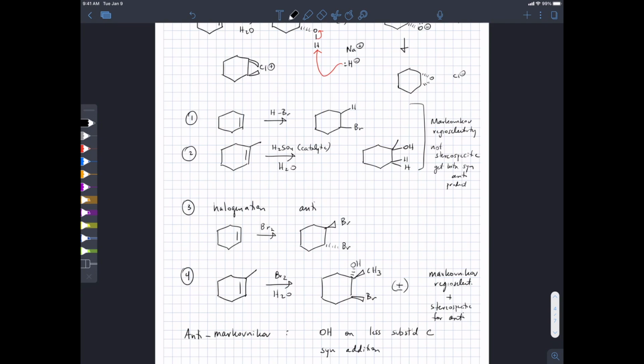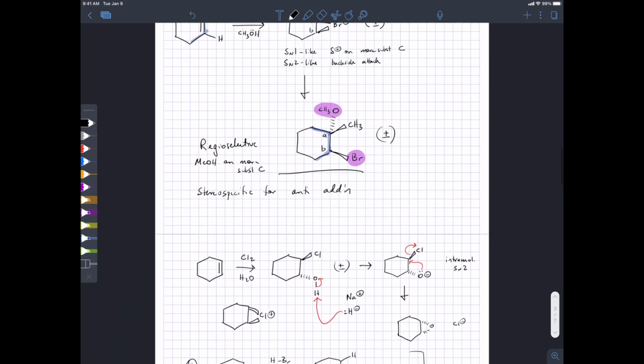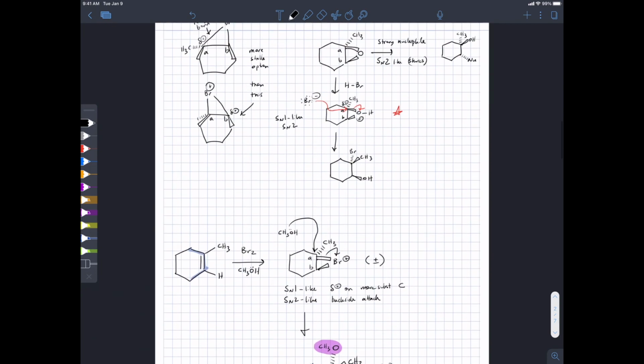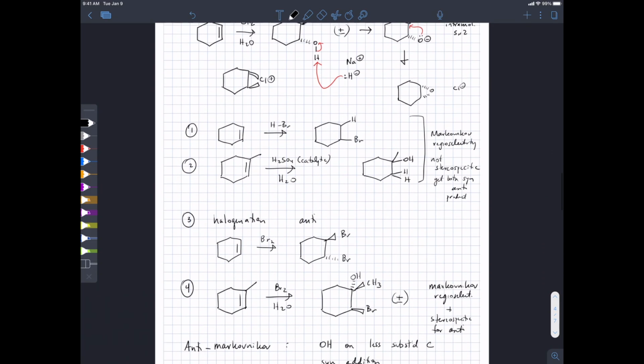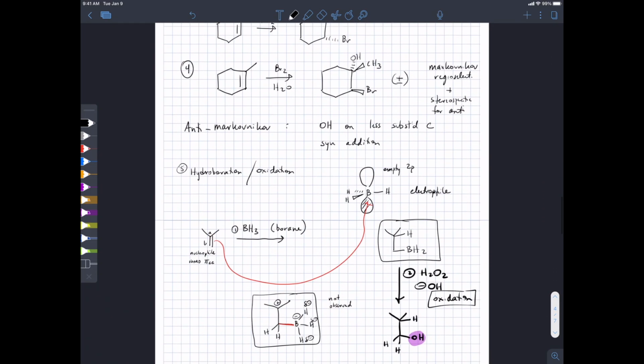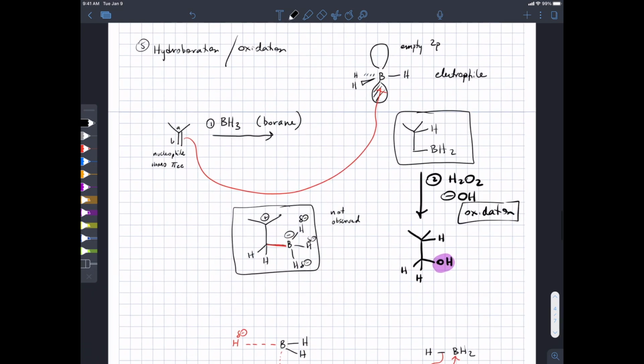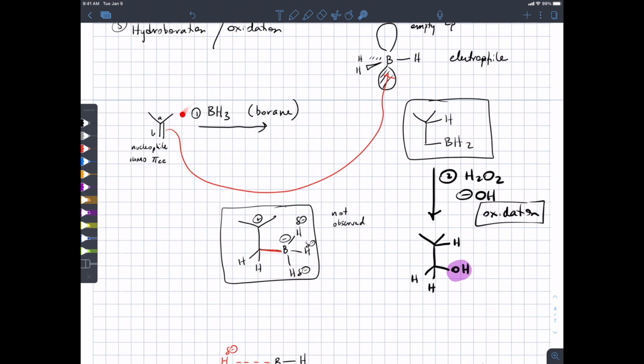Just a couple of questions. There's a question about what's the difference between acidic and basic conditions, and I'm not sure I understand the question. I think what I was trying to illustrate was if you use hydroboration and oxidation, you get the OH on the less substituted carbon of your original alkene.